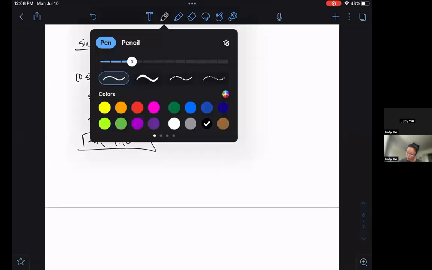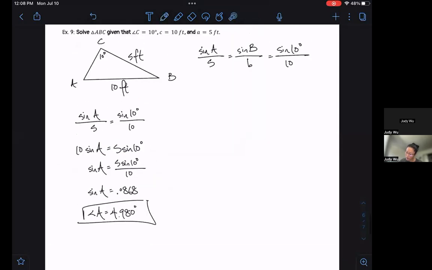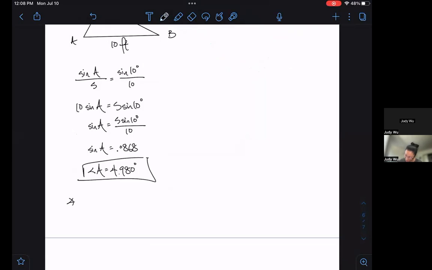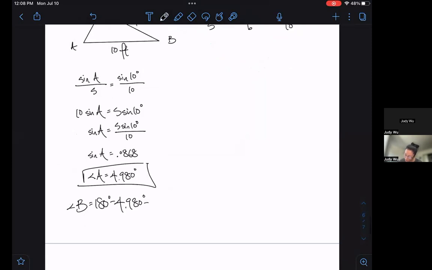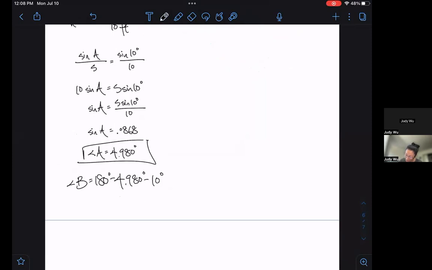Okay. Now, if I have A and I have C, I can find angle B. And if I can find angle B, then I can find little b. So angle B is going to be 180 degrees minus 4.980 minus 10 degrees. And when I subtract all of those, I get angle B as 165.02 degrees.